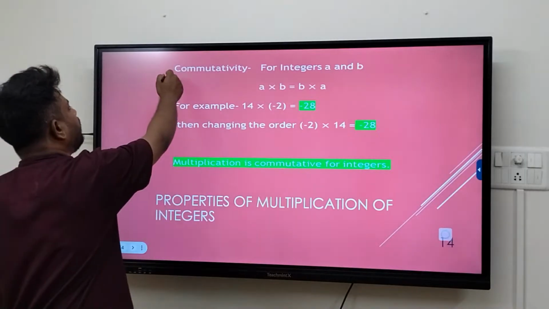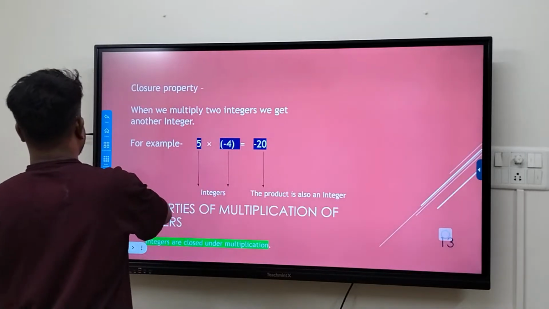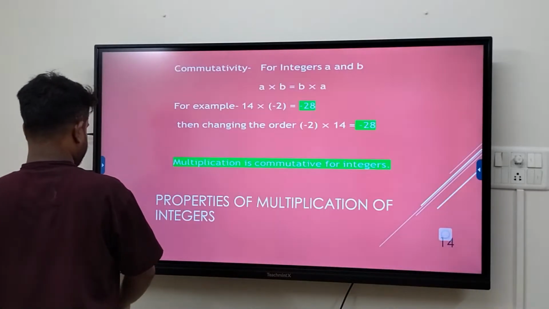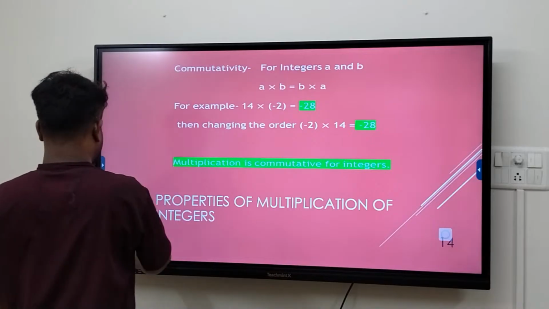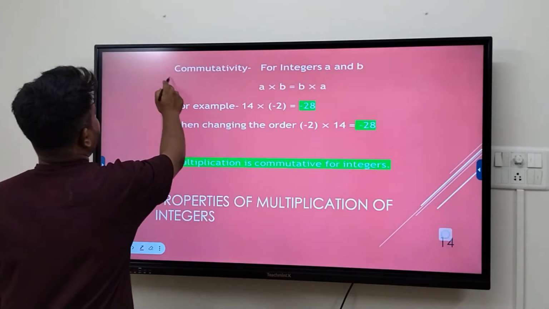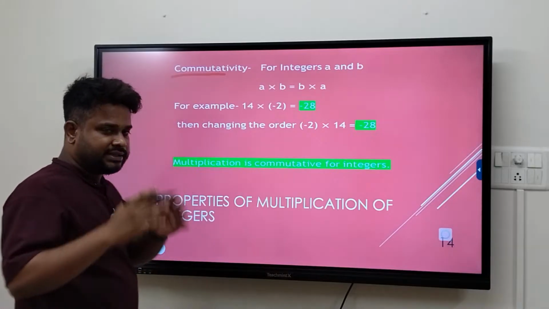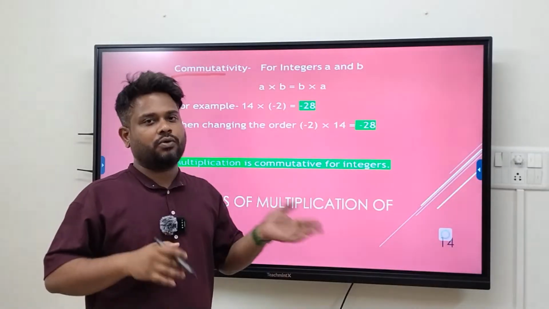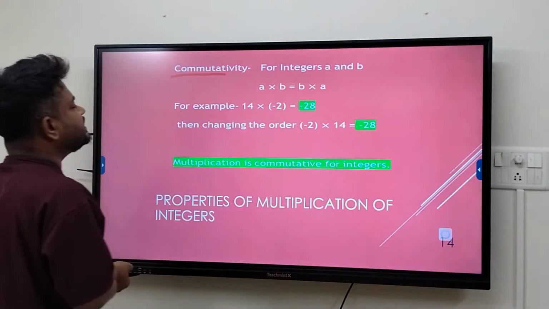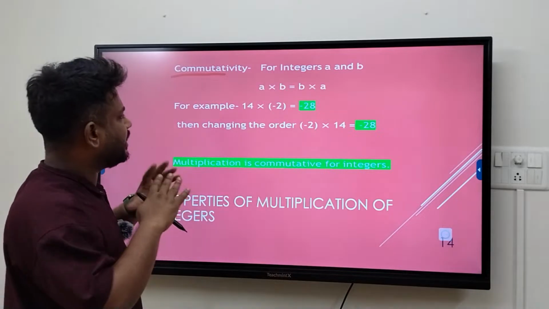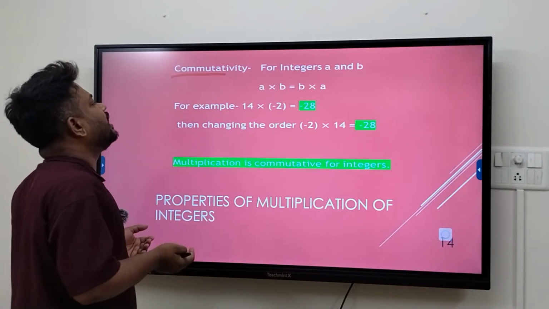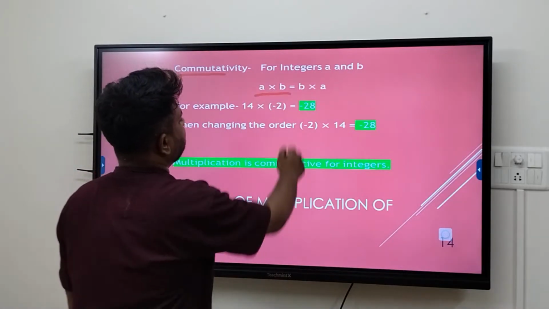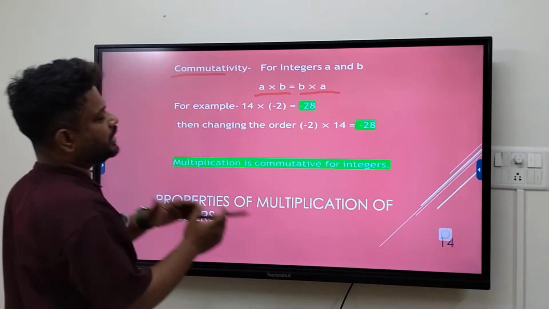So I have already told you so many times, but if you have forgotten, then I am telling it again, that commute means going from here to somewhere. Okay, so this is the actual way of memorizing the commutative property. Like if I write A into B, and if I write B into A, these both are the same.